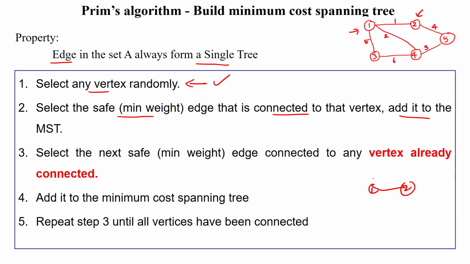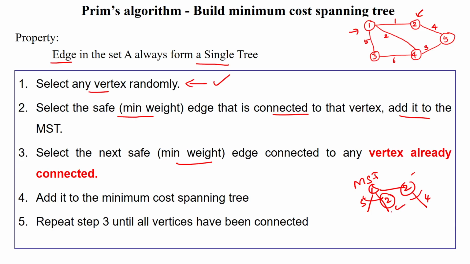From any one of these vertices you can select the minimum weight edge as the next edge. For example, here it has 4, it has 5, it has 2, so you have to select the minimum edge among the connected vertices in the MST.